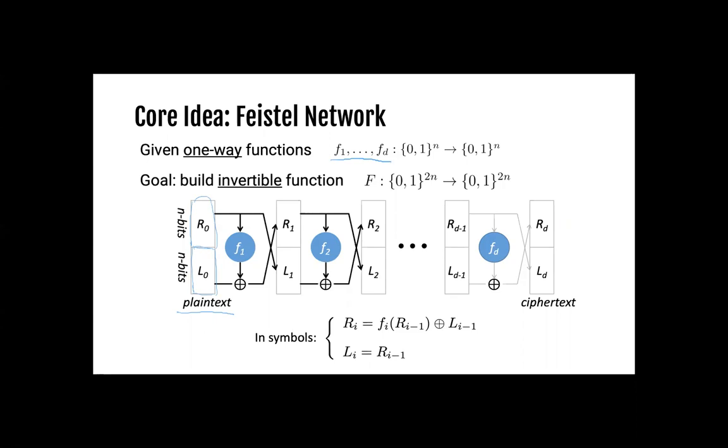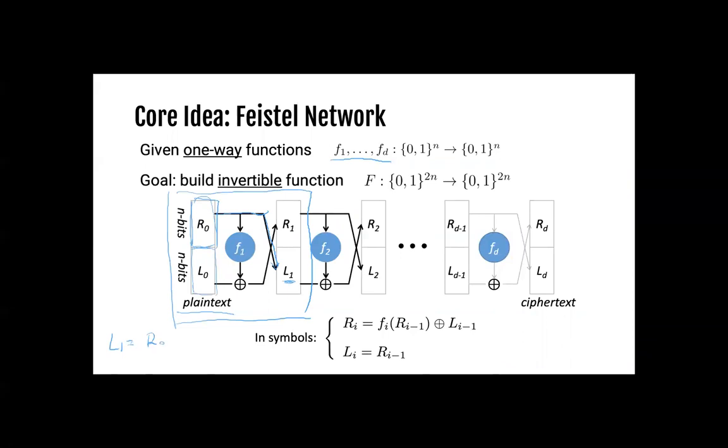So far, let's only look at this particular part because the rest is just iterative. Let's see, what is L1 equal to? The R0 part just directly goes to L1, right? So we have L1 is equal to R0.